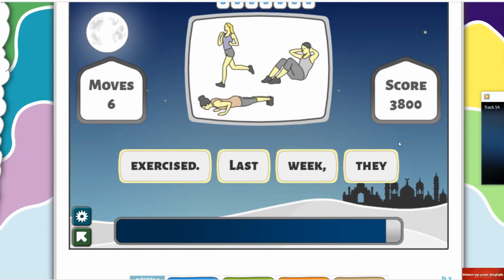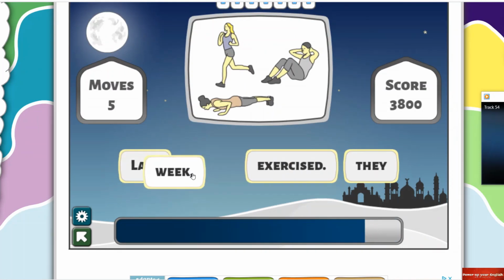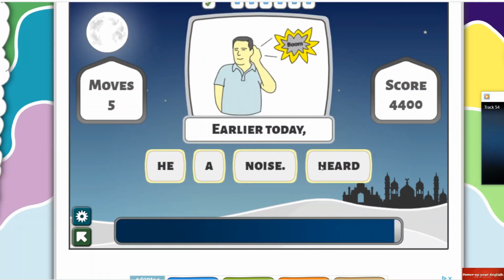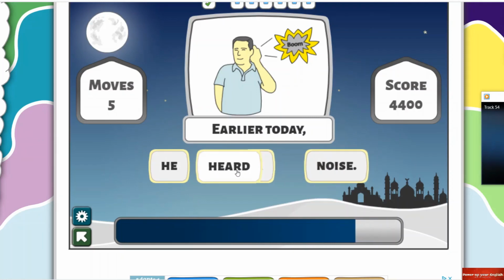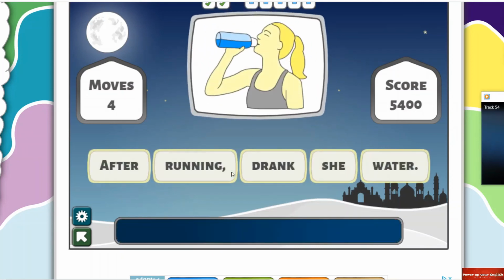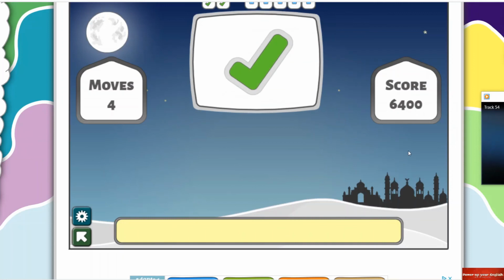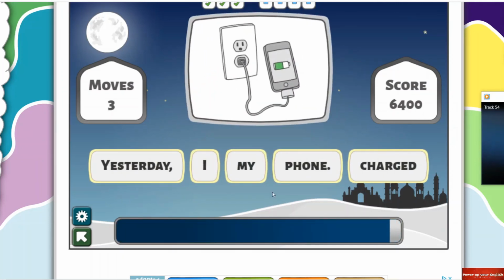And now you need to put all of these phrases in order. So we said last week they exercised. Earlier today he, what? Do you remember? Heard a noise. After running, she drank water. No questions here, just affirmative sentences.